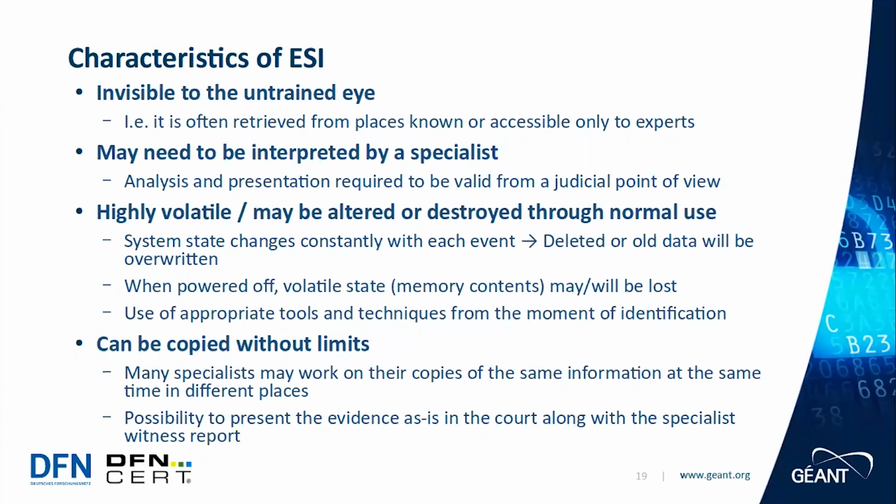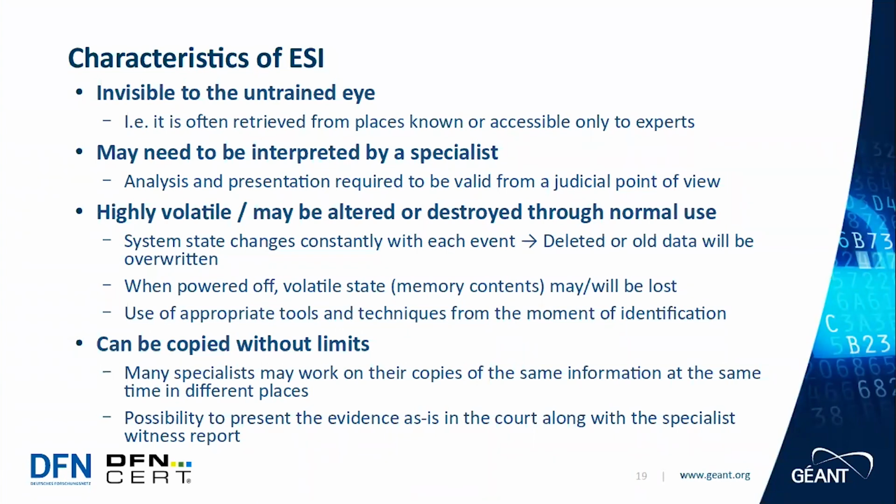And of course, electronic information is highly volatile. System state, as we know, changes constantly with each event, within nanoseconds today. This also means that deleted and old data will be overwritten, or when we power off a system, the volatile state, the contents of the main memory, will be lost.